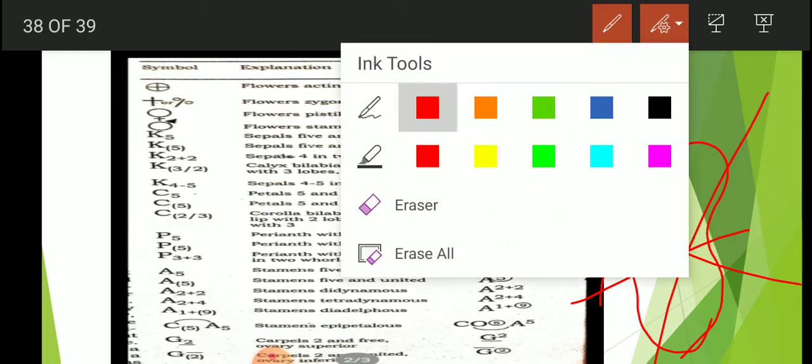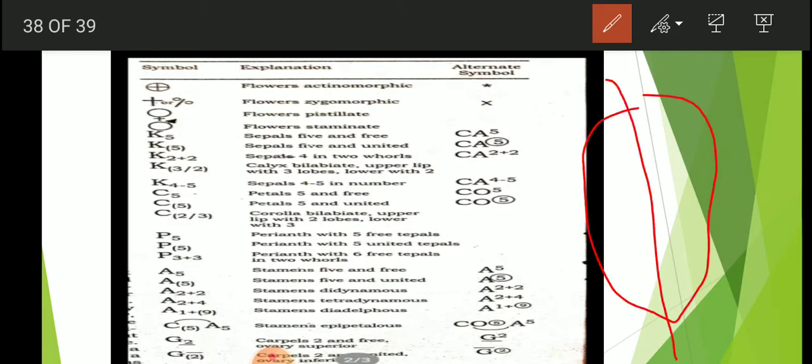You can't divide like this, like this, like this. The flower is not completely divided into two parts. So the flower is cut in between, that is median, and it is divided into equal parts. So it is known as zygomorphic.